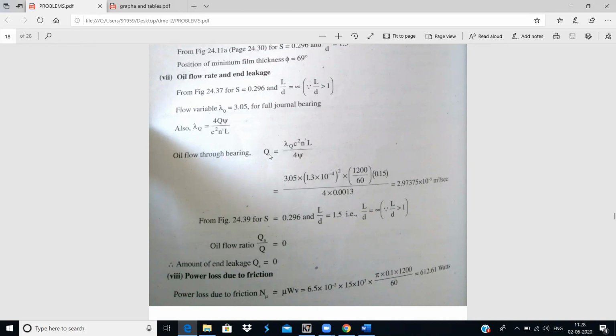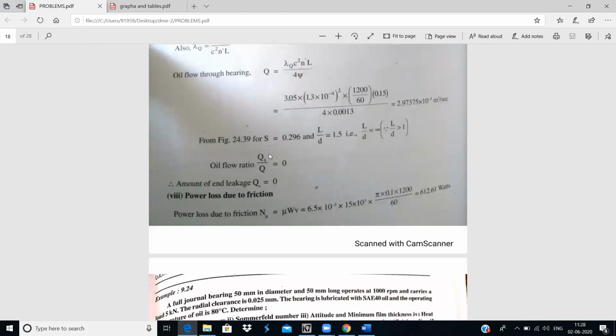Once you get the oil flow rate, then we refer to another figure, the oil flow rate Qs by Q. Now we have calculated Q, but we have to calculate Qs, the amount of end leakage, by using figure 24.39.